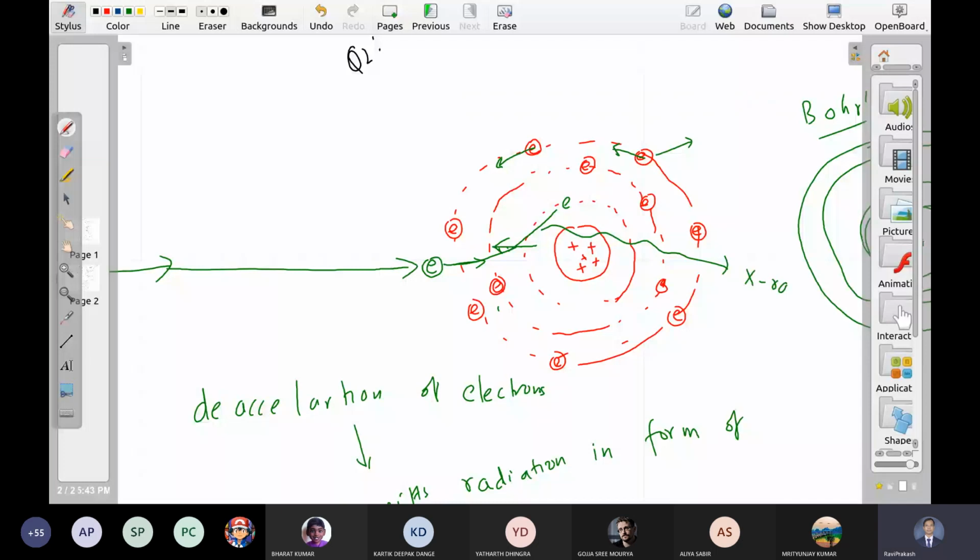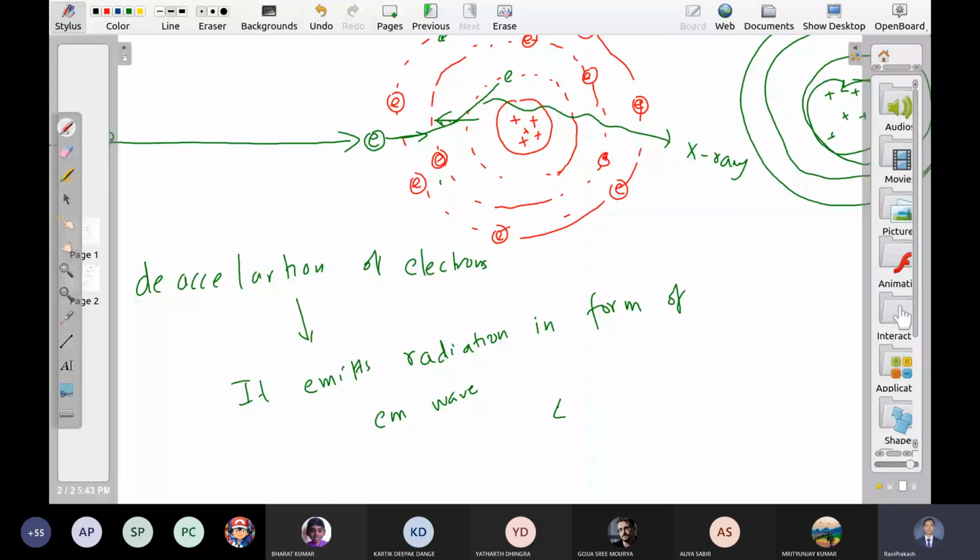How much is the wavelength of this X-ray? If the X-ray has energy E, the wavelength has to be hc upon lambda. How much is E? It is a difference of E naught, E naught means initial energy of electron, जिस energy से वो अंदर गए थे, minus E1.